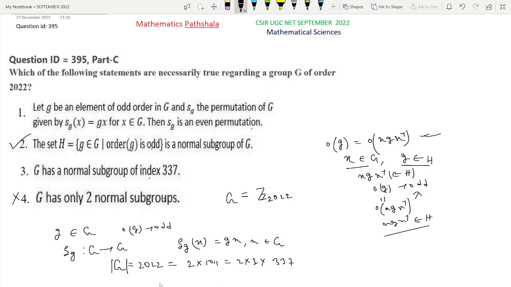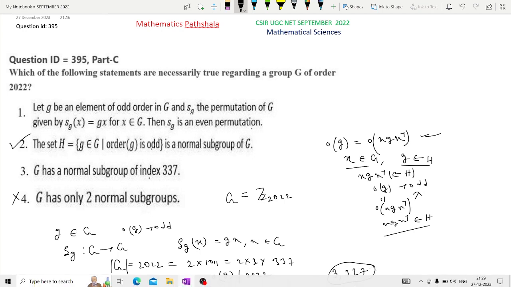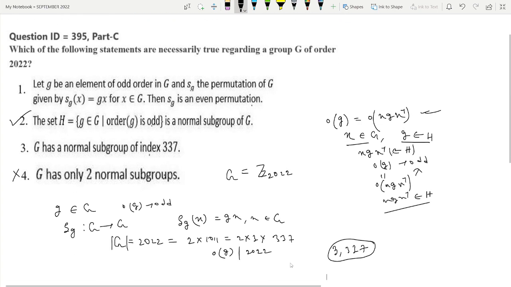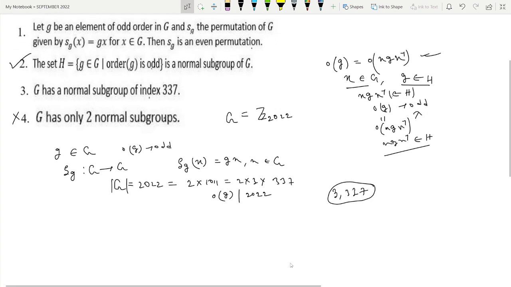So since g is an element of odd order, we must have the order of g divides the order of G, that is 2022, and the odd divisors of 2022 are 3 and 337. There are no other odd divisors of 2022.